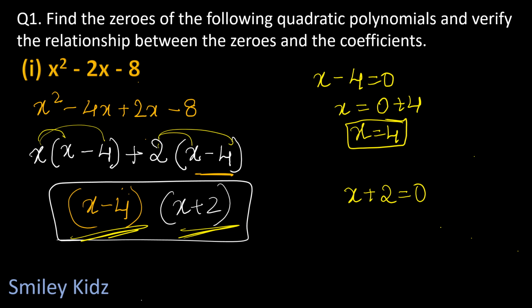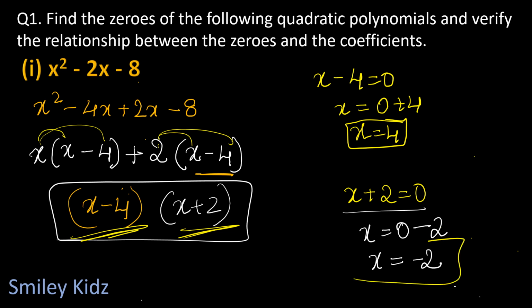Now x plus 2 is equal to 0, x is equal to 0 minus 2, which gives us minus 2. The other zero we got is minus 2. So the zeros of this particular quadratic polynomial are 4 and minus 2.